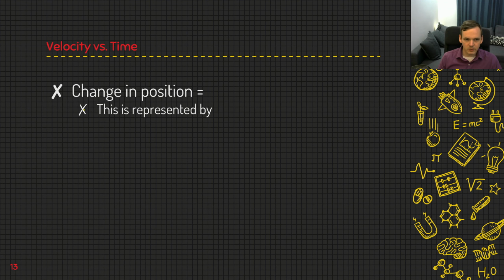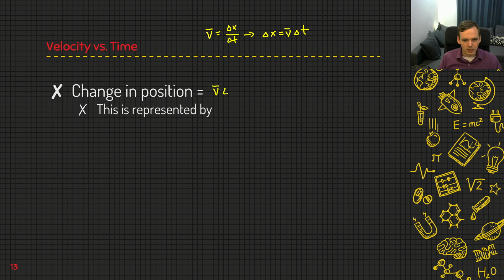On a velocity versus time graph, we can rearrange that average velocity, which remember is delta x over delta t. We can rearrange that to be delta x equals v bar times delta t. And I'm going to be a little hand wavy here. There is a more rigorous mathematical explanation and proof. If you want to learn about it, let me know.